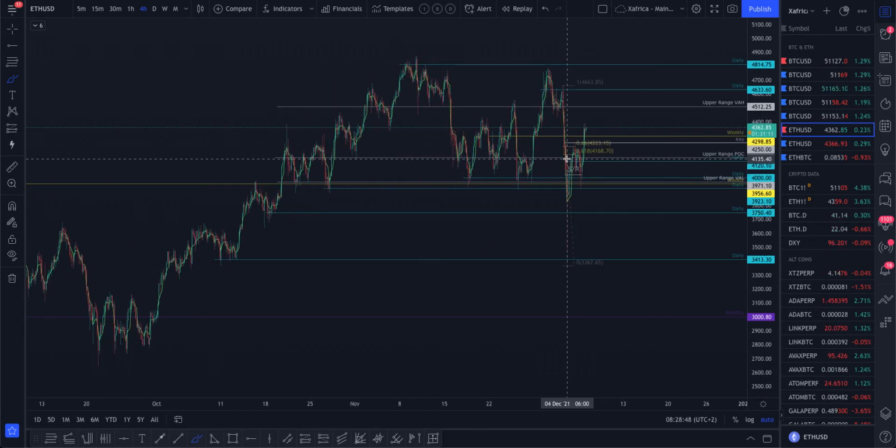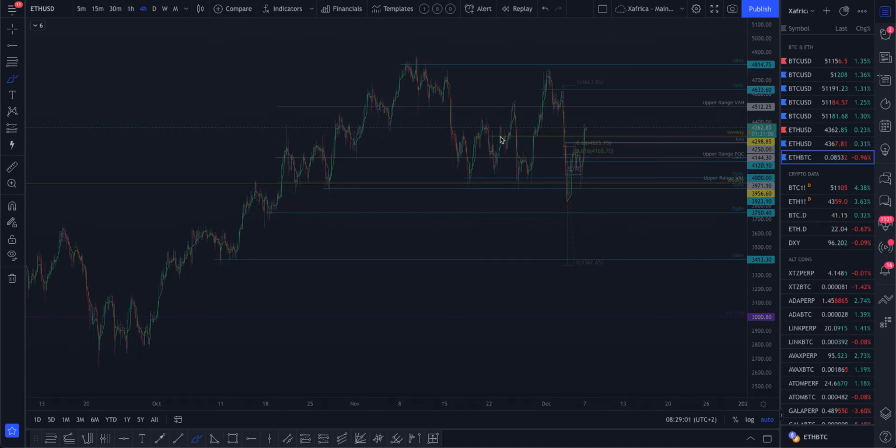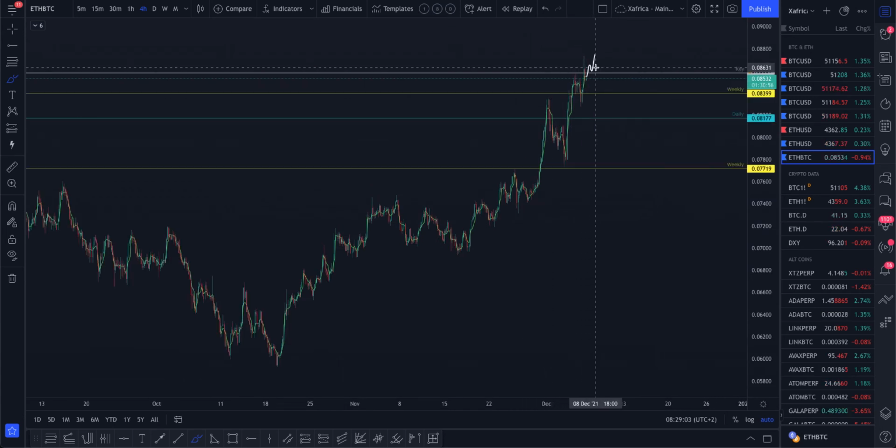If you just look at that 4 hour chart, how well Ethereum has recovered, it's nearly back at all-time highs. So I really would want to get into a trade with Ethereum once I see strength or a reclaim of that key level against Bitcoin. It's always good with the altcoins to check the BTC pair, how it's performing. If it shows strength there, then you can go.